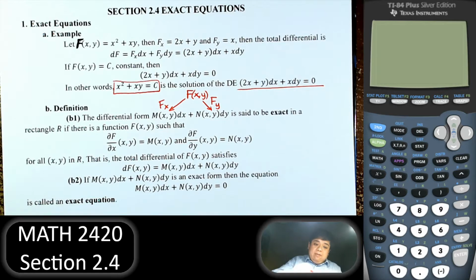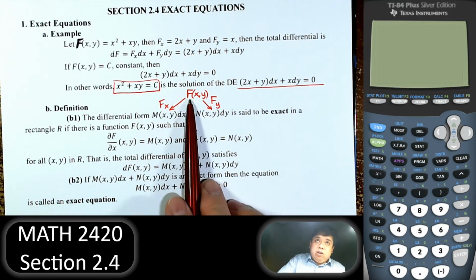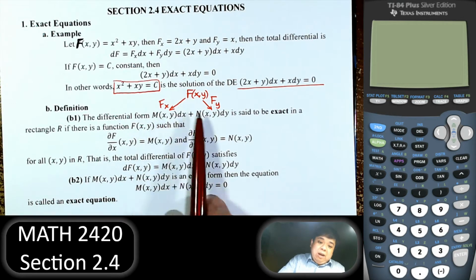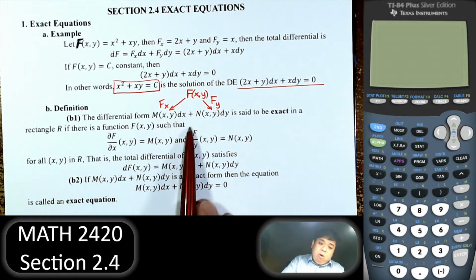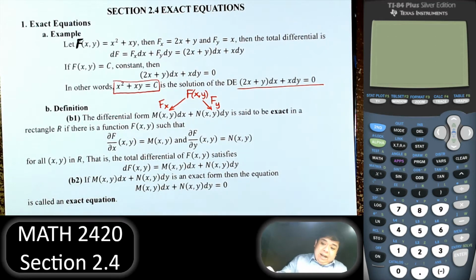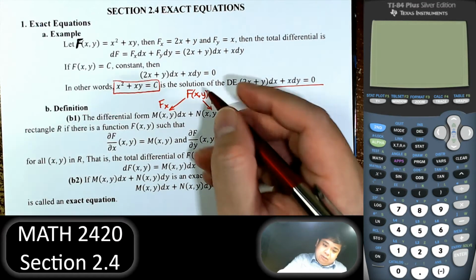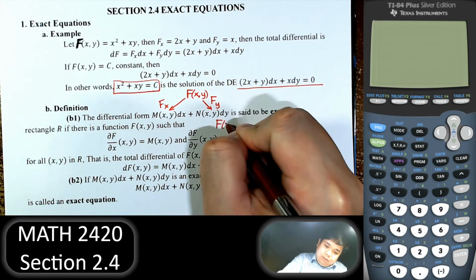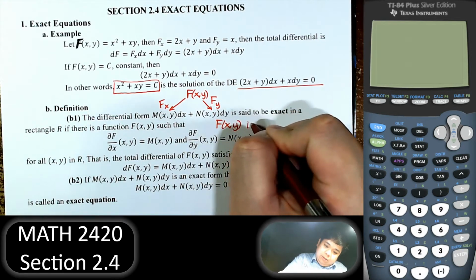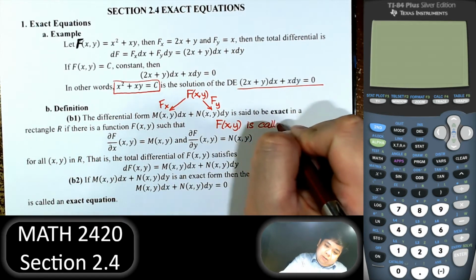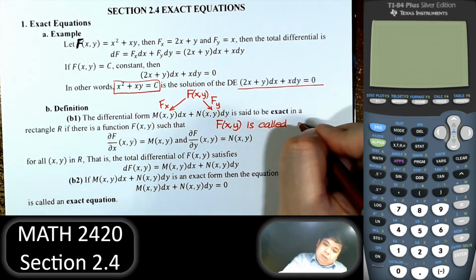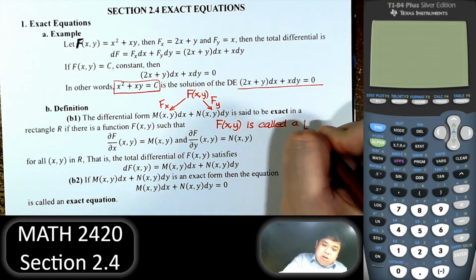Now, if there is a function whose derivatives equal M and N, then we say this form is exact, and that function is called a potential function.